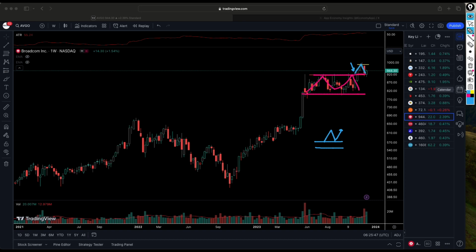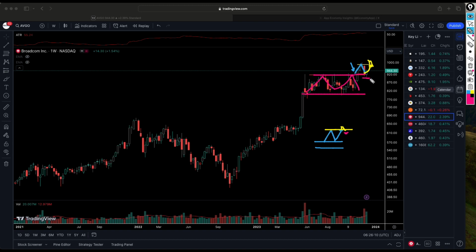So now what we're looking for with this particular stock, we want to see if it can come back to this resistance level and ultimately break above this level. Once the stock comes back to this level and then breaks above it, then we are going to take a long position. And like we always say, we always put a stop loss. So our stop loss is just going to be below that breakout level.